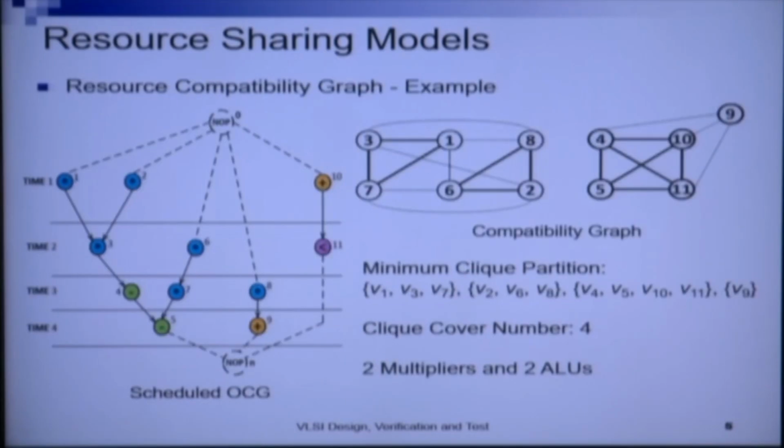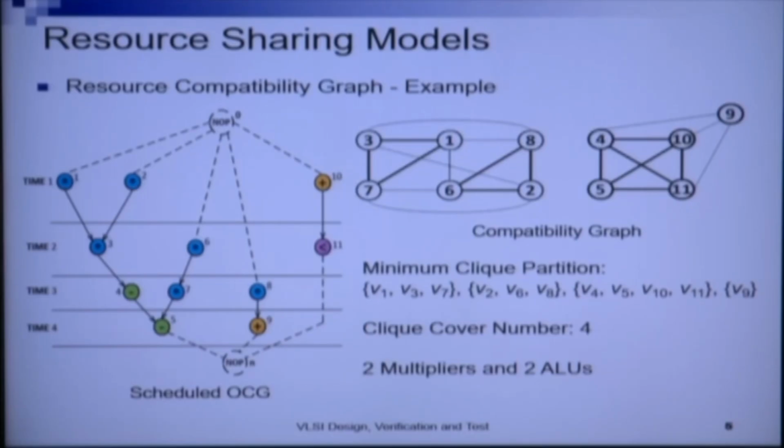Now, this is a scheduled operation constraints graph on the left, and on the right we have the corresponding compatibility graph. In this graph, we see that operation 1 and operation 3 share an edge. Why? Because operation 1 and operation 3 can be implemented by the same resource type, multiplier, and they are scheduled in different time steps, 1 and 2 in this case.